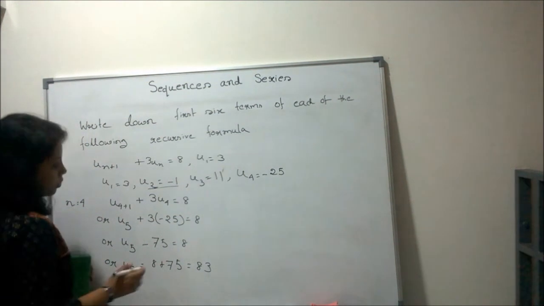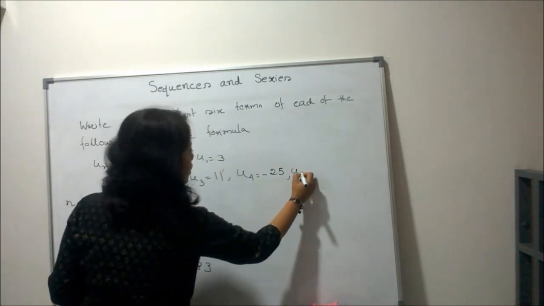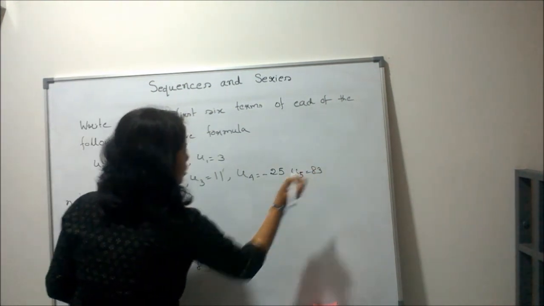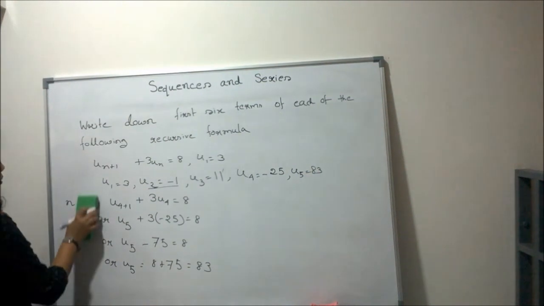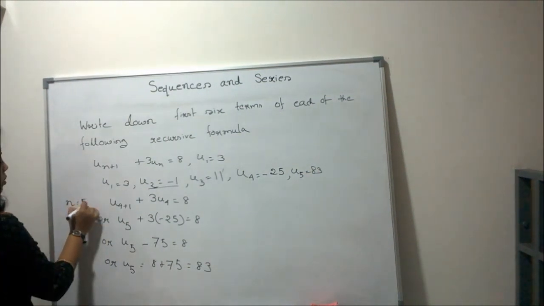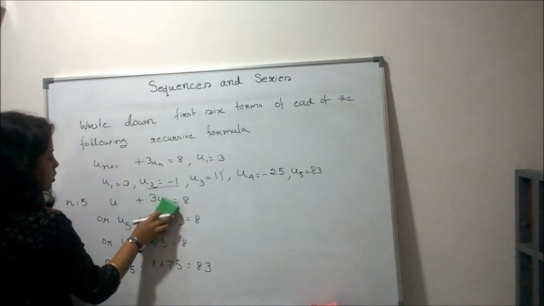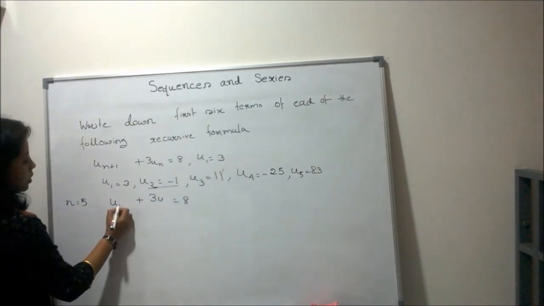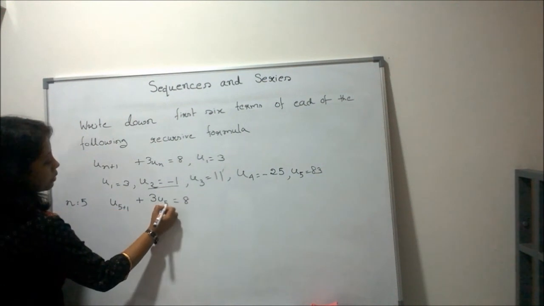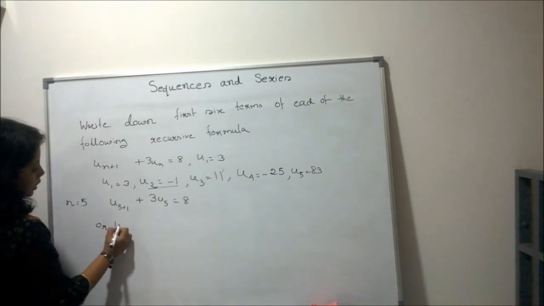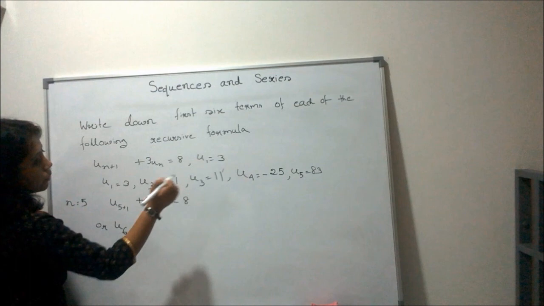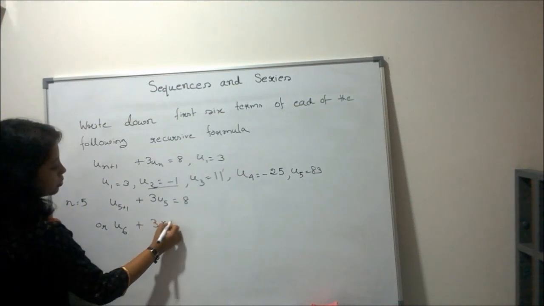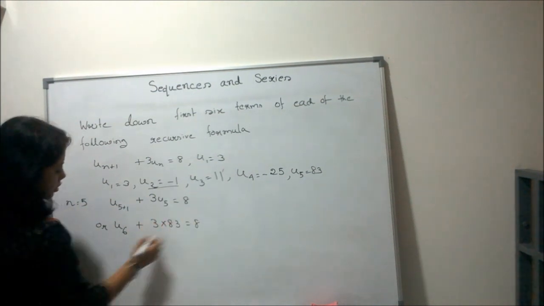So u5 is 83. Next, we take n is equal to 5. So 5 plus 1, that is u6 plus 3 into u5, which is 83, equals 8.